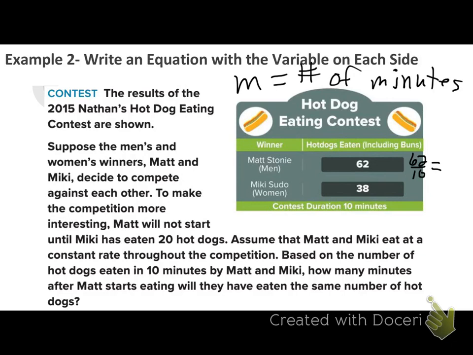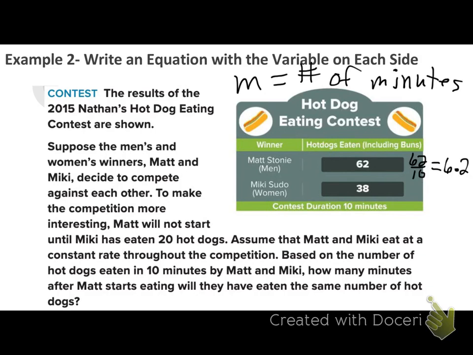Because I'm doing the number of hot dogs they ate in 10 minutes divided by the 10 minutes. It's 6.2. So Matt's eating 6.2 hot dogs per minute. That's what that means. Okay?